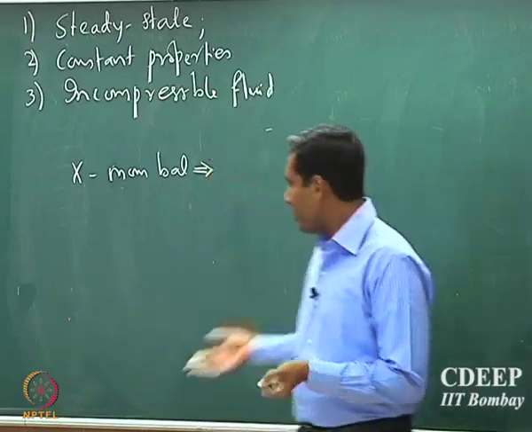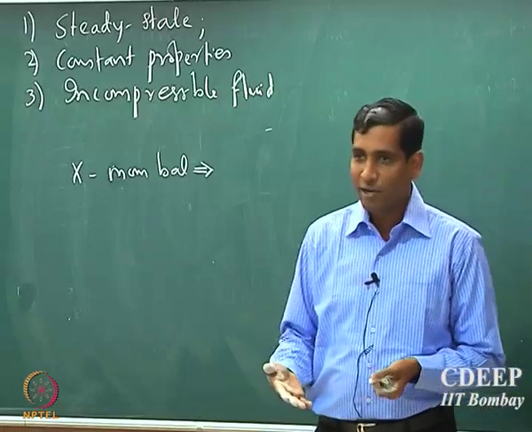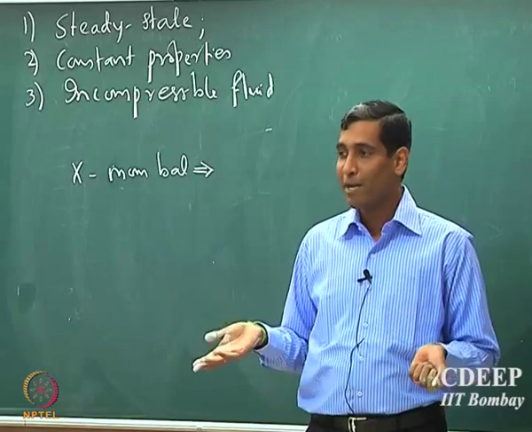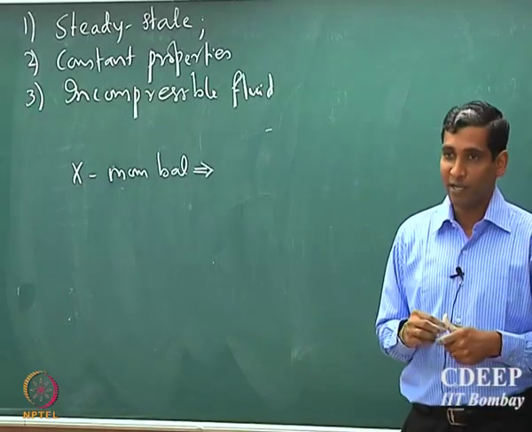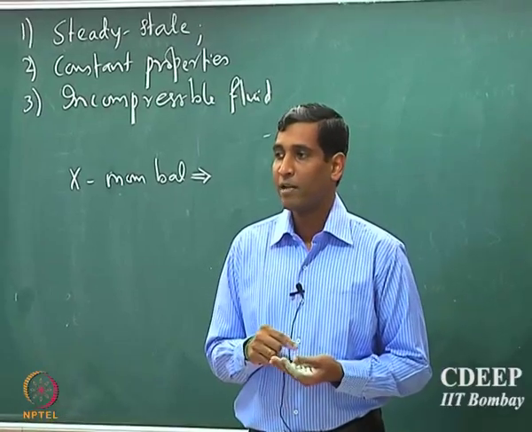Of course you can do it by writing shell balances, that's the rigorous way of doing it, but you must also know a non-rigorous way, otherwise you don't know if you made a mistake in your shell balance. So what are the different processes which are occurring here, let's say in the momentum balance?